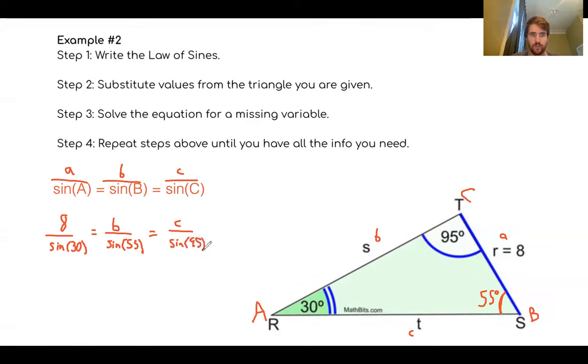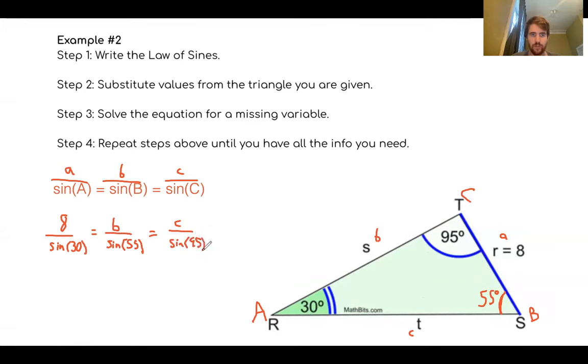Okay, and then again, we're just solving. So what is 8 divided by the sine of 30 degrees? Well, that is going to be 8 divided by 0.5, which is 16.